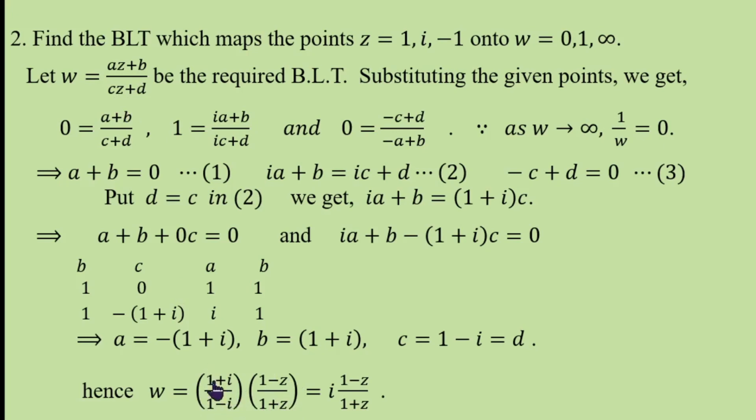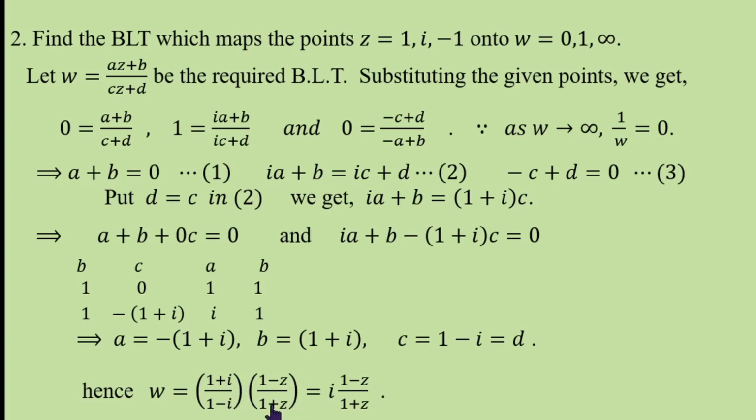Here, multiplying and dividing by 1 + i, the denominator becomes 2: (1 - i) into (1 + i) is 1 squared minus i squared, i squared is -1, so 1 + 1 is 2. The numerator is (1 + i) whole squared, 1 squared plus i squared plus 2 into 1 into i, 2i. 1 squared is 1, i squared is -1, 1 - 1 is 0, plus 2i, 2i by 2, that is i.